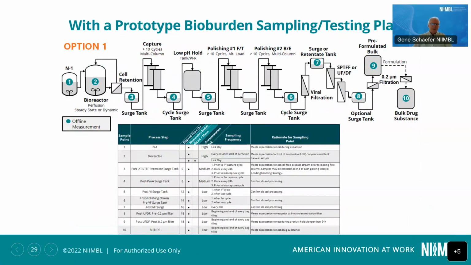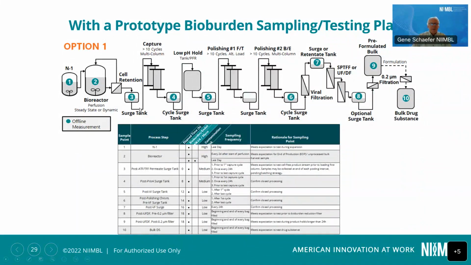And going along with that adventitious agent control strategy, we put together a prototype bioburden sampling and testing plan. Again, the viral testing is pretty well established in terms of harvest testing, enabling the release of material.